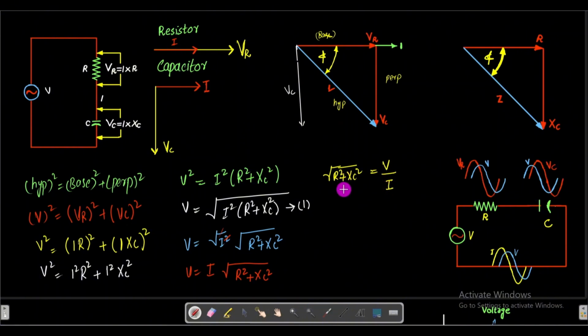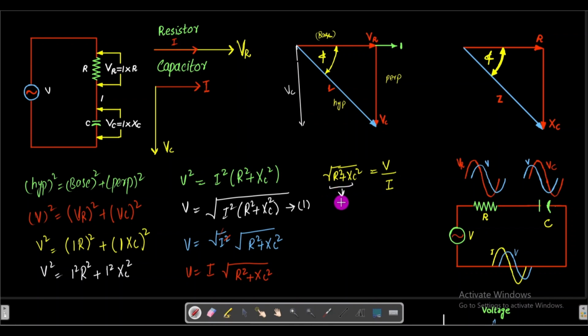This is called the combined opposition offered by this resistor R and capacitor C in this circuit, and we call that combined opposition impedance.